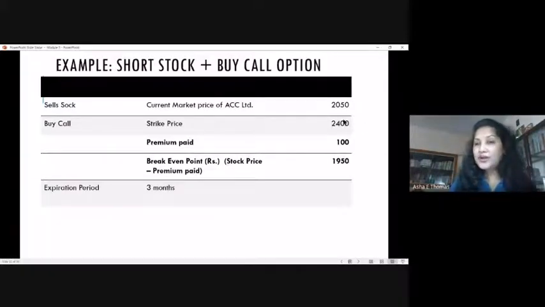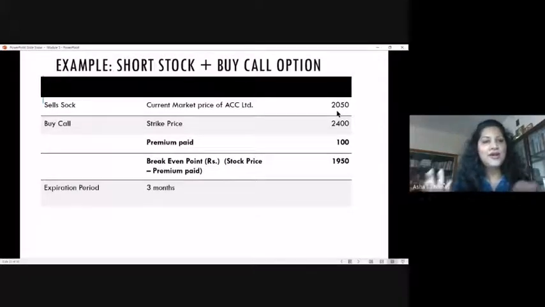Now, if you want, you can exercise. If things are normal as you expected, and the share price went down from this rate, like 2050 became 1,900 or 1,800, you will not exercise this call. In fact, you will buy from the spot market itself and settle it with the broker.